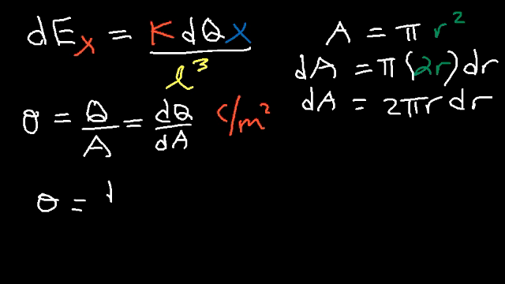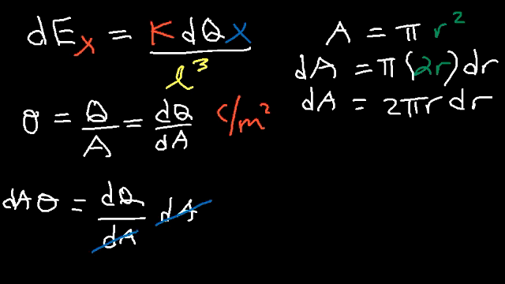So if we rearrange this equation, if we multiply both sides by dA, we're going to get this expression. dQ is equal to sigma times dA.